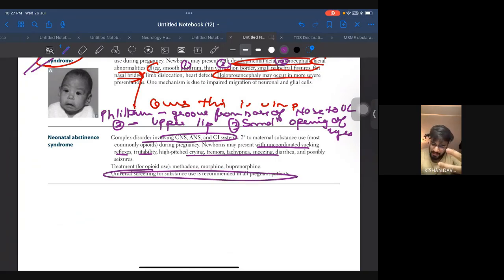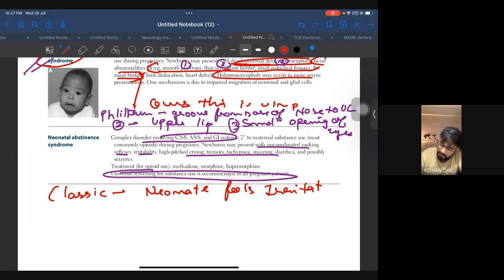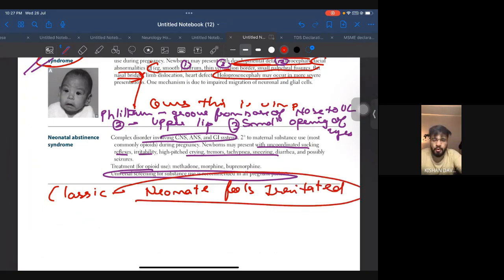One classic case that they give is a neonate who feels irritated. If in the question they say the small newborn baby or neonate is irritated, then think about substance abuse in the mother. That is the one word you have to remember. That's it.